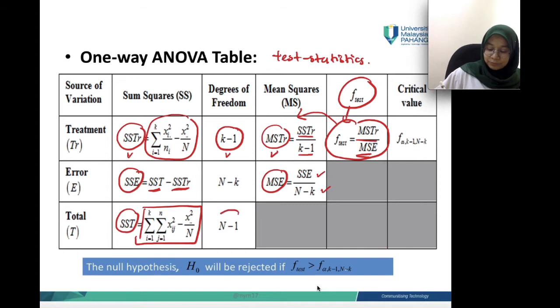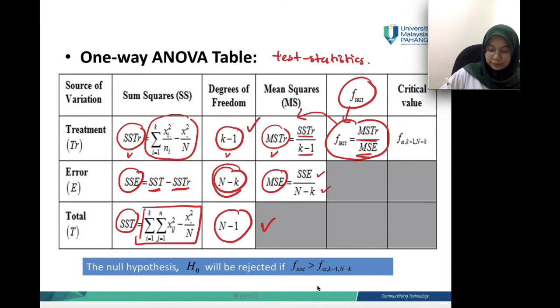So here, what is capital N? Capital N is the total number of data. Minus 1, you will get degree of freedom total. Number of treatments minus 1, you will get degree of freedom treatment. And then degree of freedom error is degree of freedom total minus degree of freedom treatment.